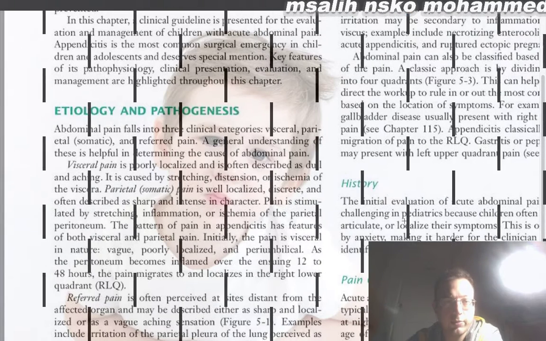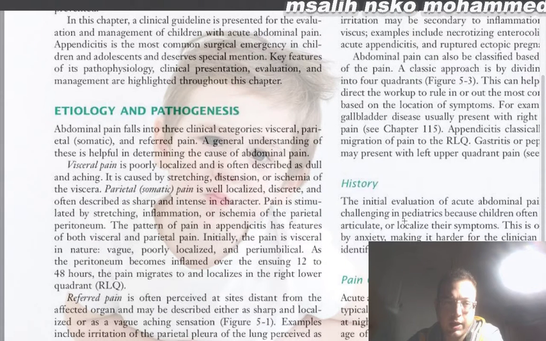Right now we are talking about the pathogenesis. Abdominal pain falls into three clinical categories: visceral, parietal, and referred pain. A general understanding of this is helpful in determining the cause of the abdominal pain. The first one, visceral pain, is poorly localized and is often described as dull and aching pain.